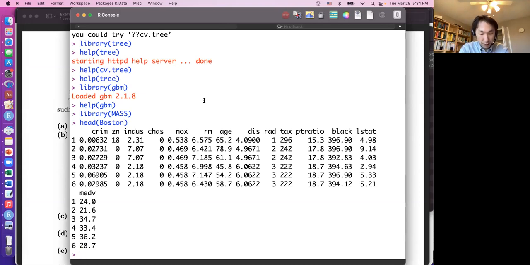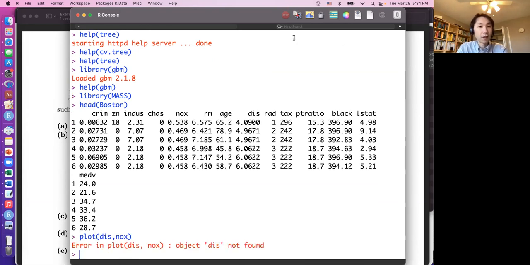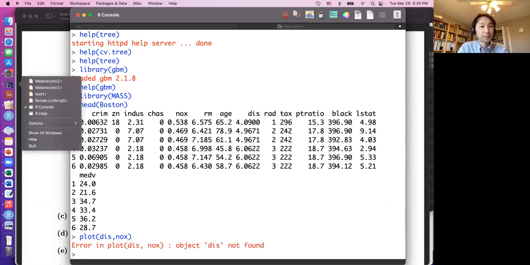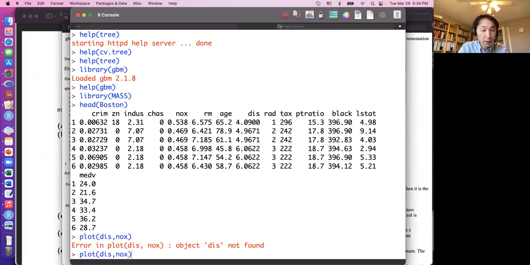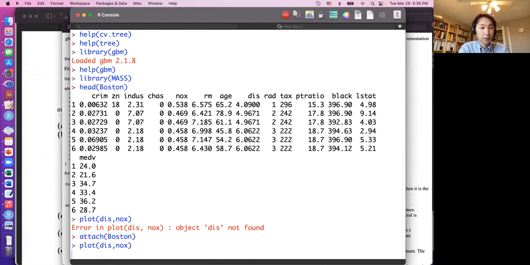At first, I make the scatter plot for these two variables: the distance from the city center and the NOx, some harmful chemical level. I think I have to attach the dataset first, then this.